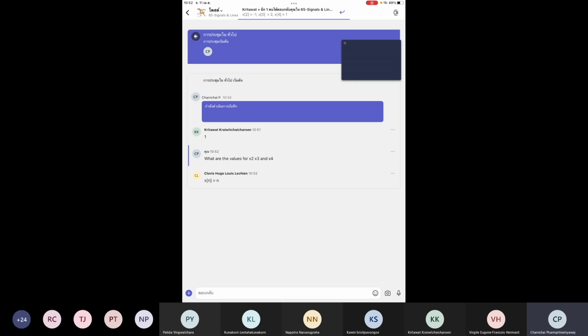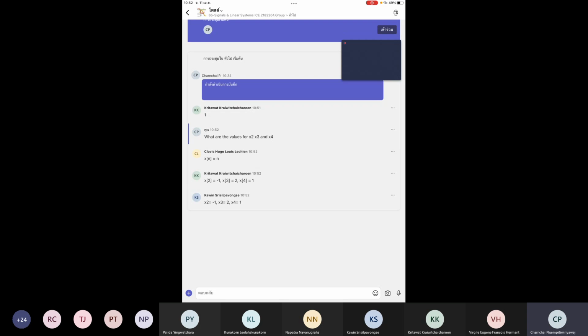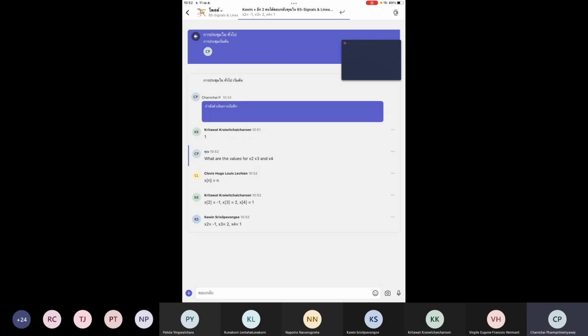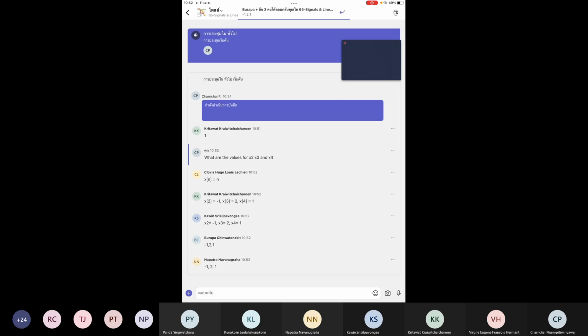Xn is equal to n, not quite. No. X2, X3, and X4 will be negative 1, 2, and 1. That's right.